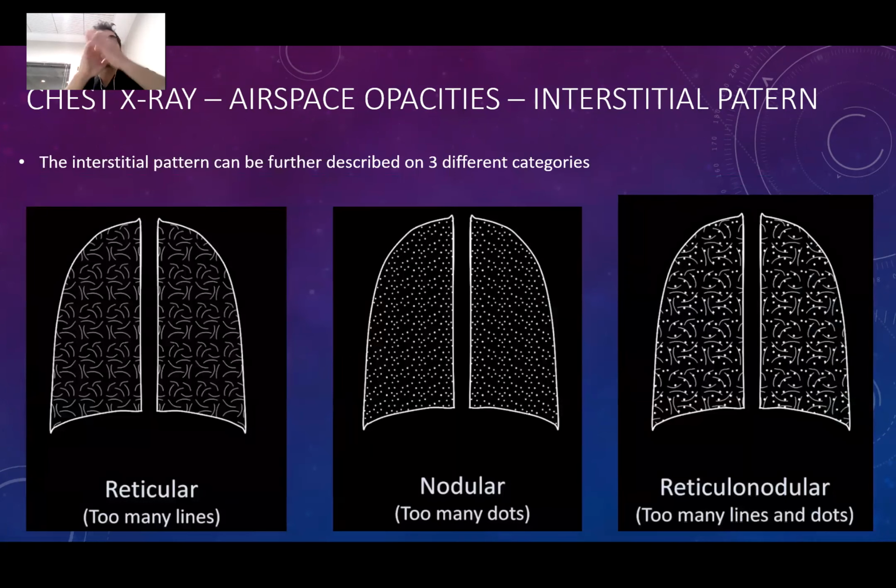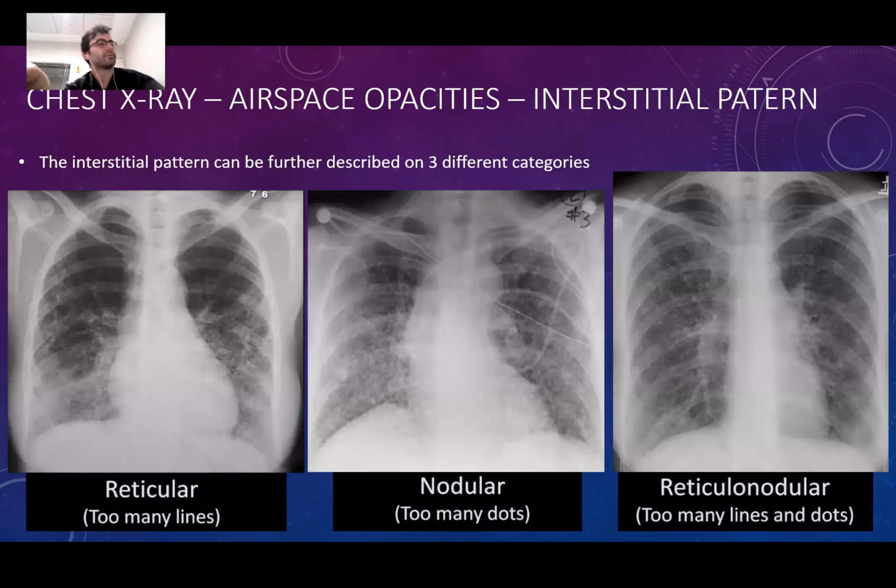So when we are talking about interstitial patterns, like the diseases of the interstitium, it's usually most of the time reticular. Sometimes nodular appearances can be the predominant appearance as well. Sometimes they are both seen together. When there are too many lines, we are talking about reticular opacities.